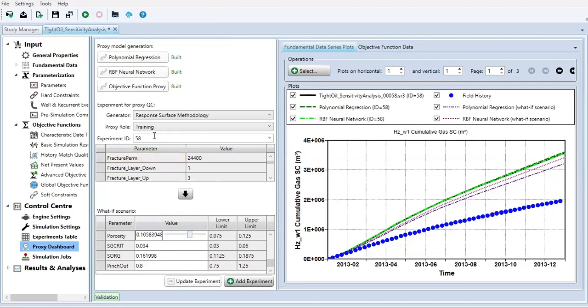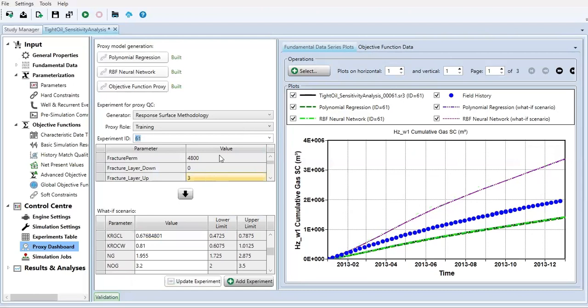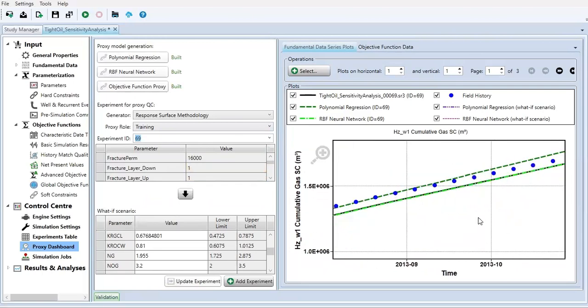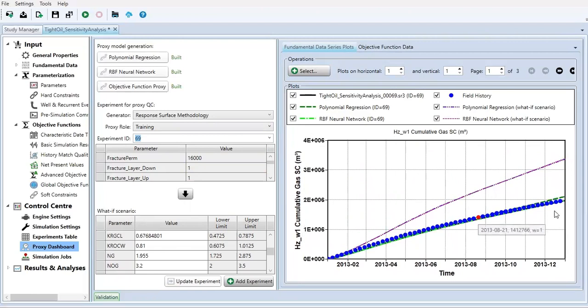Yeah, but basically you create another experiment, right? Like this. Okay. So, I think it's good. Yeah, it's good. So actually I almost match the experiment with the field history data. But again, let's focus on that on another video, another series.